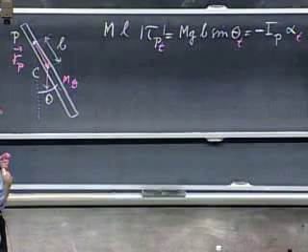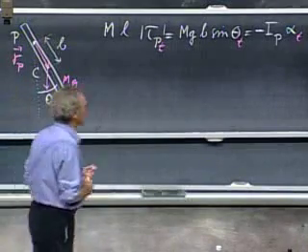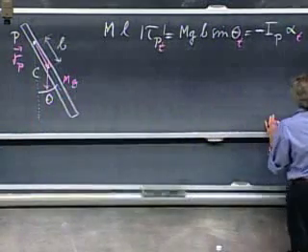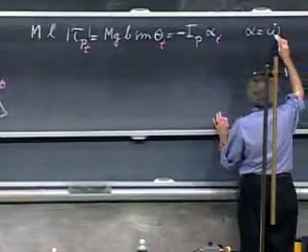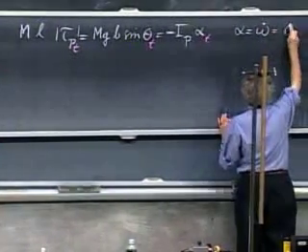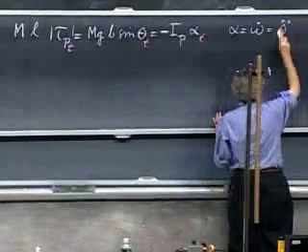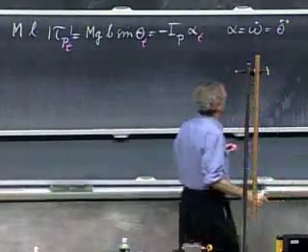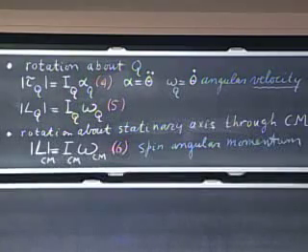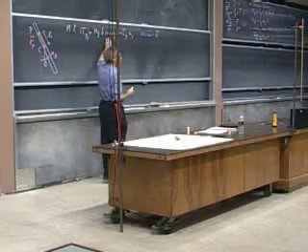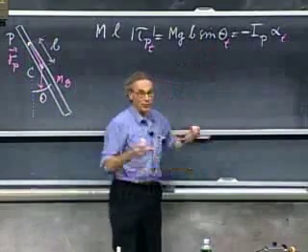Now I say, aha, small angle approximation. By the way, alpha equals omega dot, the first derivative of the angular velocity, therefore also equals theta double dot. I also wrote that there. And theta is this angle. This is the change of this angle that you see there, the second derivative. I say, aha, small angle approximation, then the sine of theta is theta.